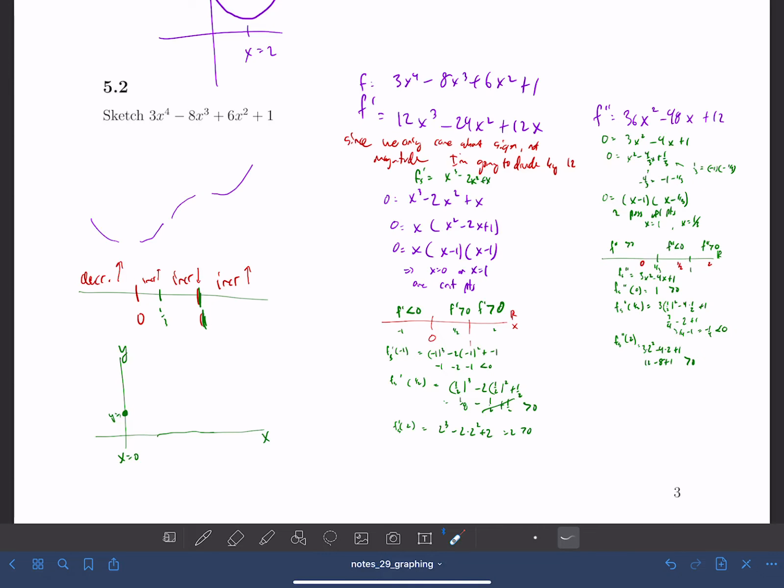I knew that there weren't any asymptotes because it's a polynomial. Okay. So let's do our best. I know that 0 to a third, to 1 to infinity. Feel free to compare with your calculator.